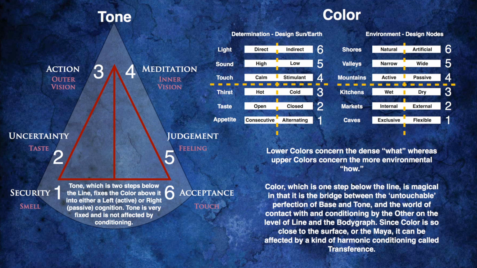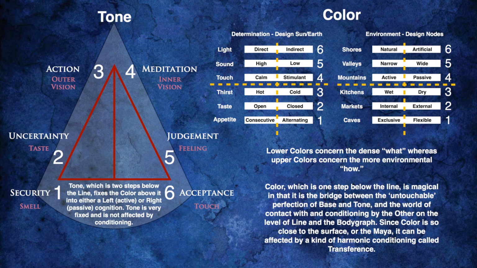Color, which is 1 step below the line, is magical in that it is the bridge between the untouchable perfection of tone and base and the world of contact with and conditioning by the other on the level of line and body graph. Since color is so close to the surface, or the Maya, it can be affected by a kind of harmonic conditioning called transference.